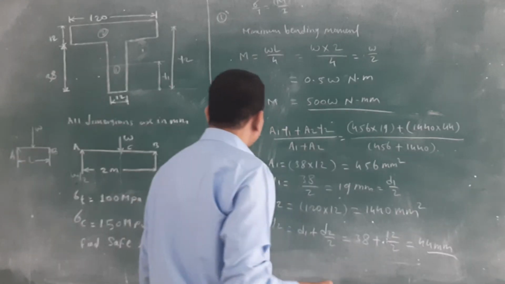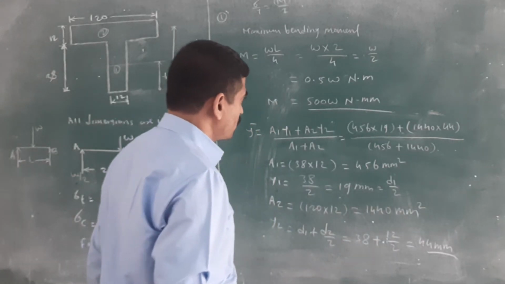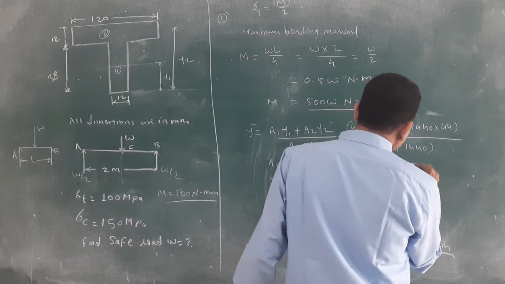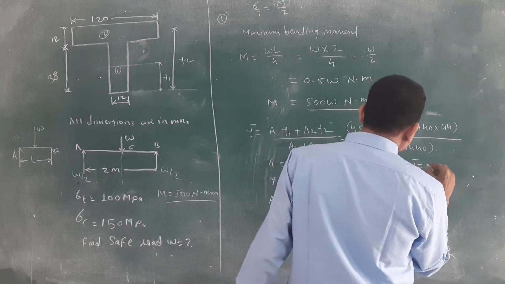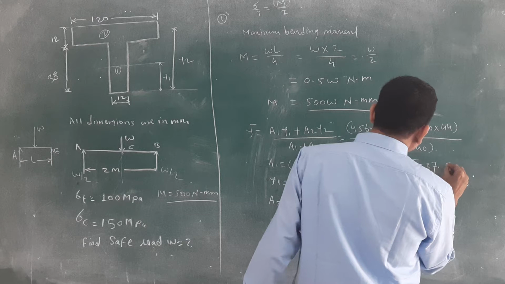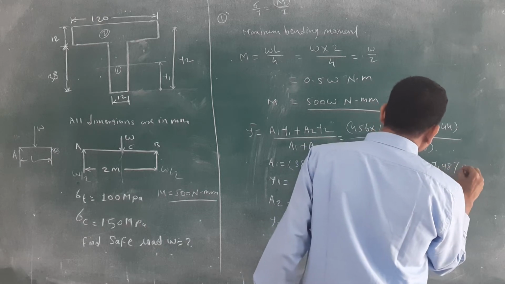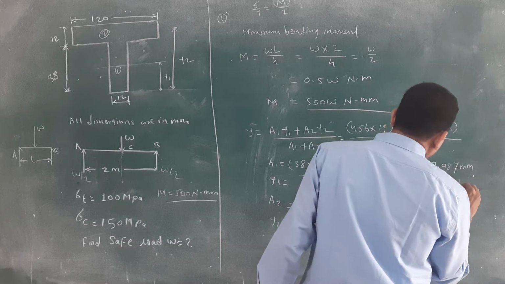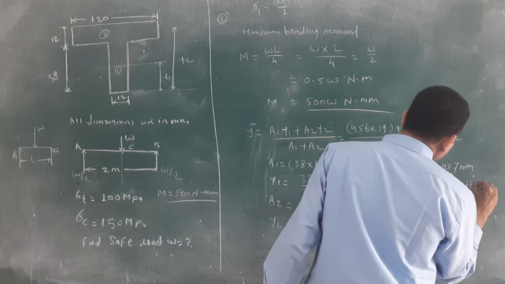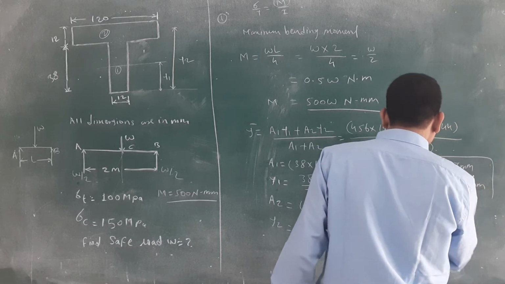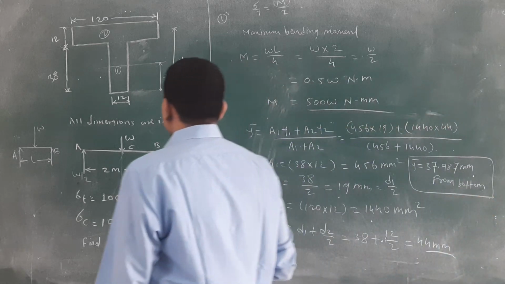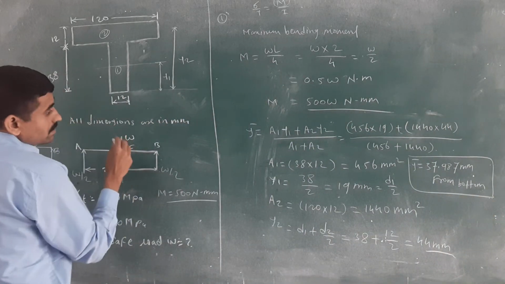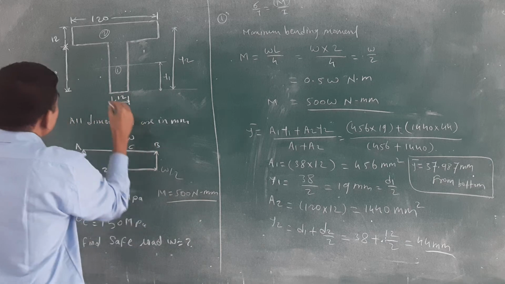1440. Then when you solve this, you get y bar is equal to 37.987 mm from the bottom. If you have calculated from the top, then you will get a different value. Okay, then I will mark here the y1 value.